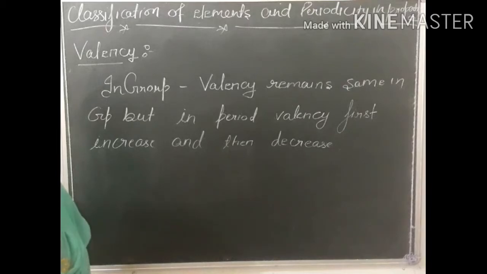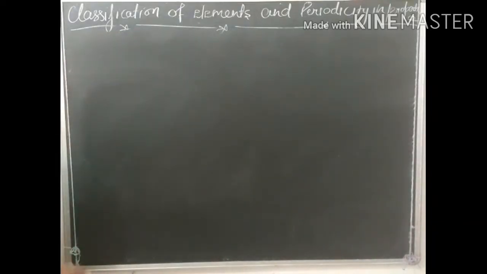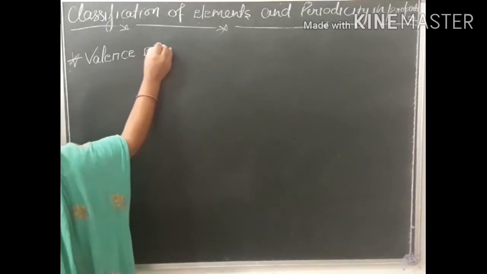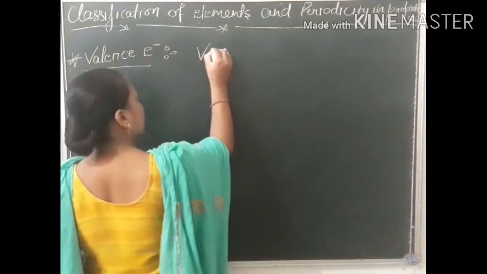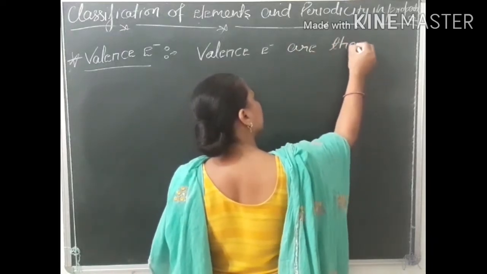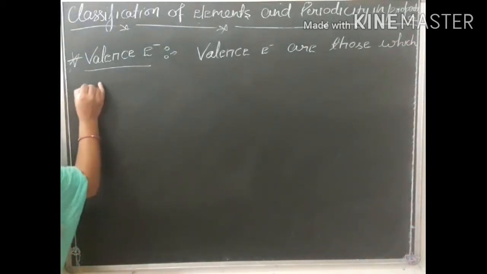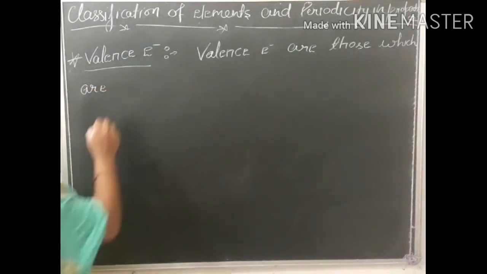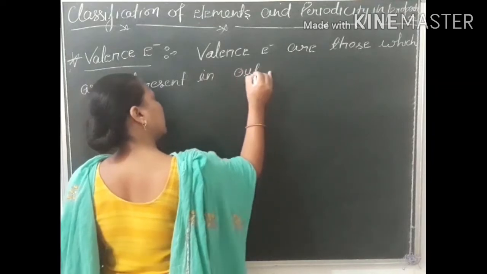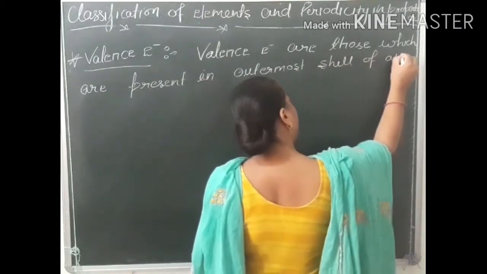Now next is valence electron. Valence electrons are those which are present in the outermost shell of an atom.